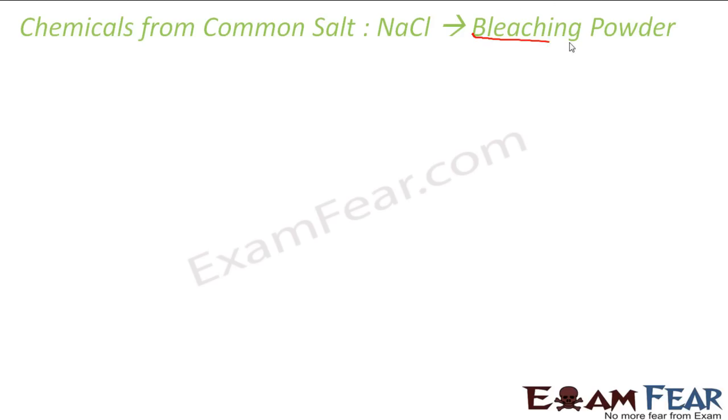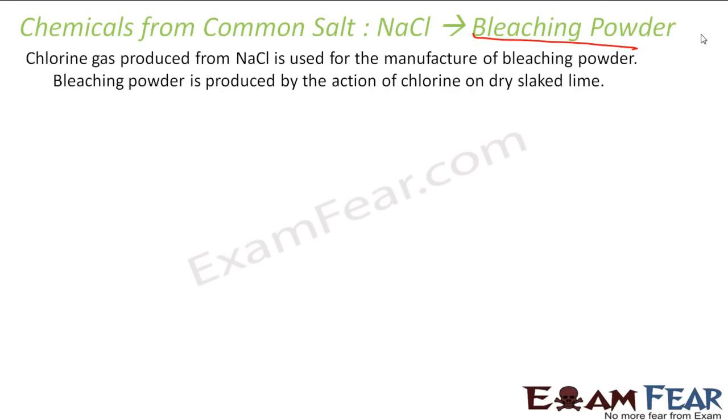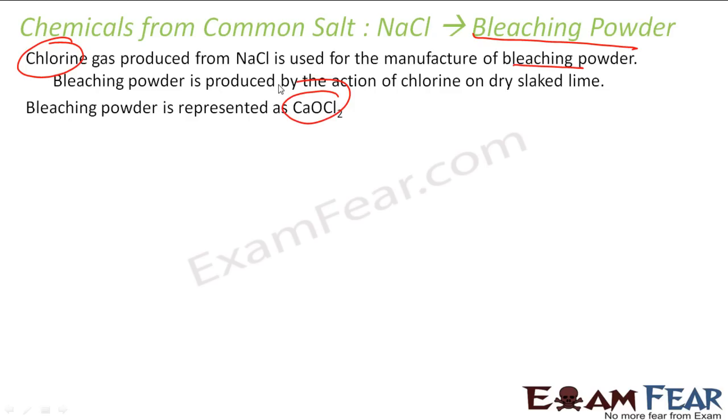Now we'll see how bleaching powder can be obtained from sodium chloride. In this case, the chlorine gas which we got in the last equation is used to manufacture bleaching powder. Bleaching powder is produced by the action of chlorine on dry slaked lime, and bleaching powder is CaOCl2.